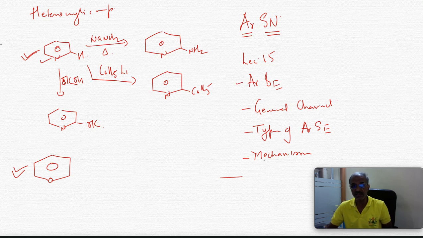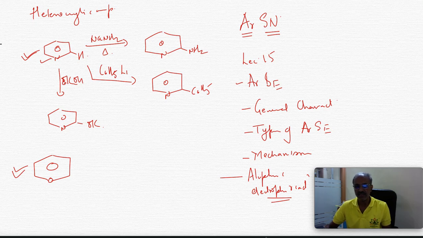Then I will take aliphatic electrophilic substitution reaction. Previously it was aromatic, then it is aliphatic, in which we will see some few examples. And then another type of reaction, which will be elimination reaction, and the types of elimination reaction.